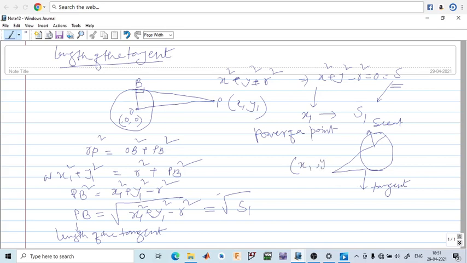Suppose this is (x1, y1), suppose this is PA, this is B, this is M. Then the power of a point is PA dot PB equals to AM square.